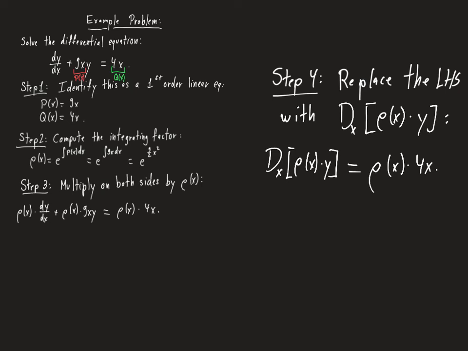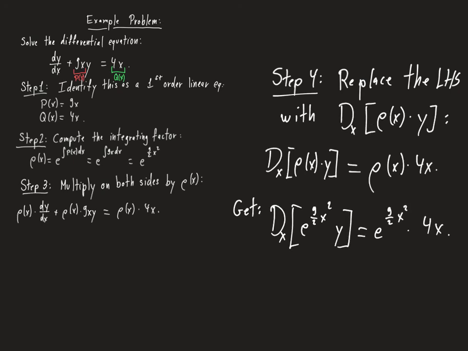If we now plug in the actual values of rho of x, we'll get the following: on the left-hand side the derivative with respect to x of e to the 9/2 x squared times y is equal to, on the right-hand side, e to the 9/2 x squared times 4x.